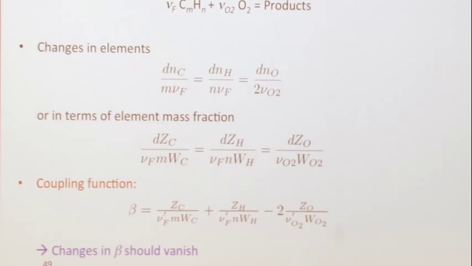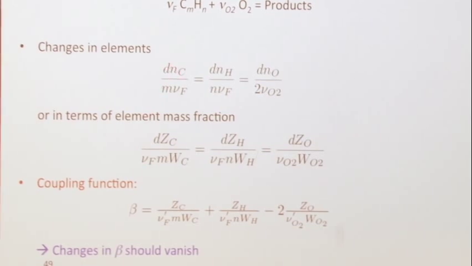That tells you how often the reaction happened. I can write this for C, H, and O, and you see all three should be the same. This is in terms of the number of moles.